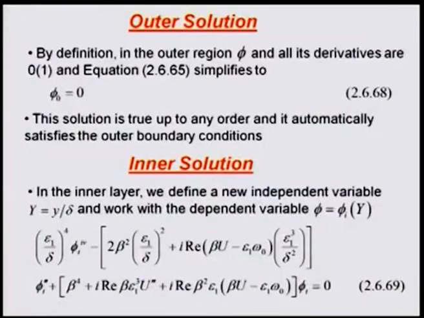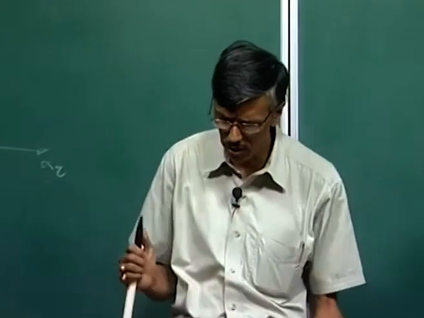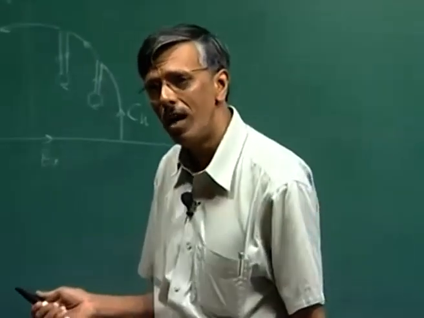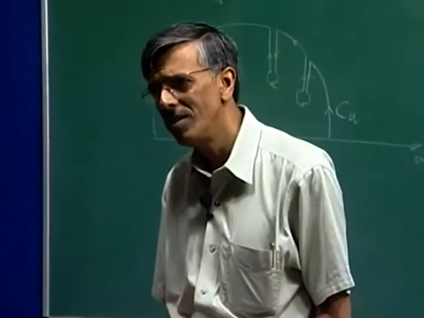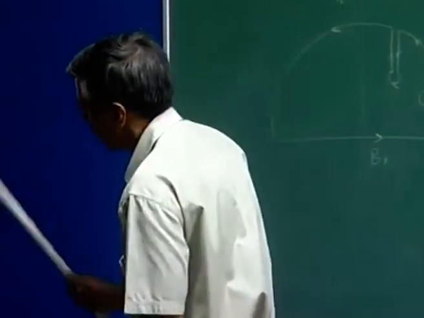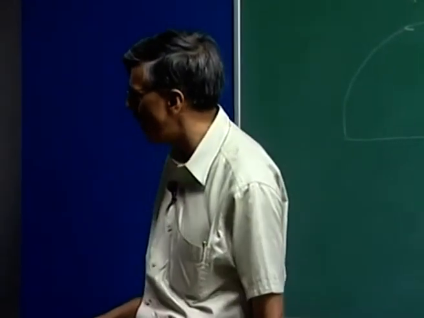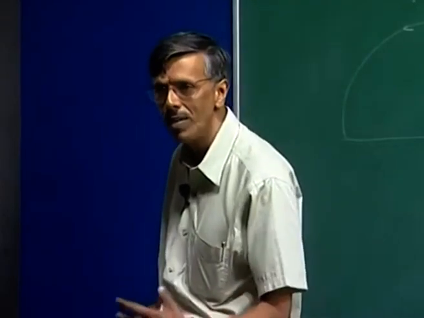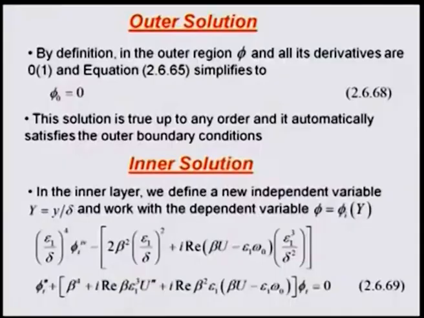So now you see, this is the story of singular perturbation theory. You will have to do what is called matching. Matched asymptotics you have to do. You have to see in what way this epsilon 1 and delta appear.